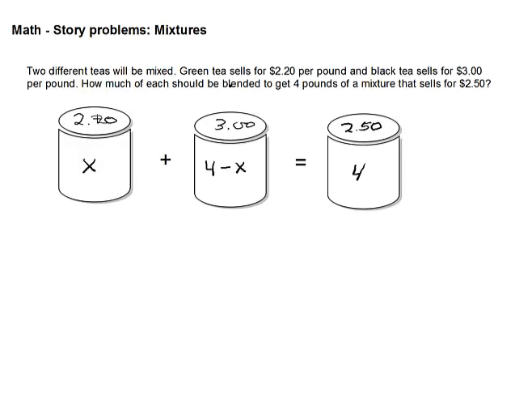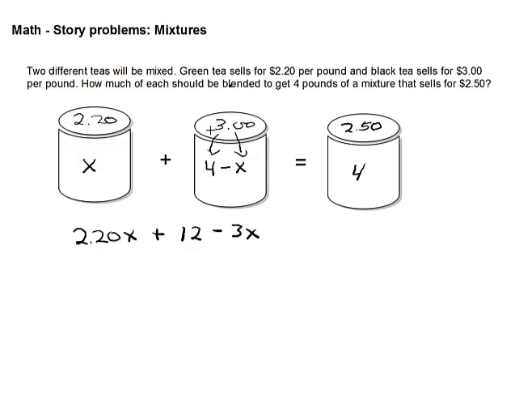Once we have this, we can multiply everything straight down. So 2.20 times x would give us 2.20x. And we have to take the $3 and multiply it by each piece here. So $3 times 4, and $3 times the x. 3 times 4 gives us 12 minus 3x.